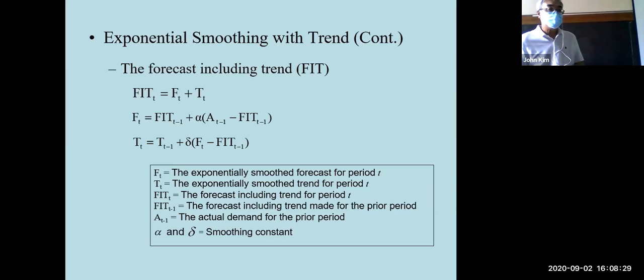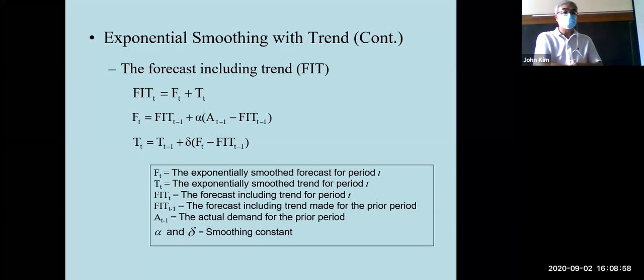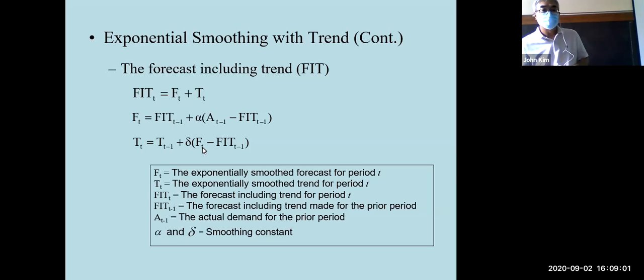And then plus T, the trend. This T comes from this formula: term t trend equals the trend one term earlier, T_(t-1), plus delta, the smoothing constant, times F_t, which comes from this calculation, minus FIT_(t-1).